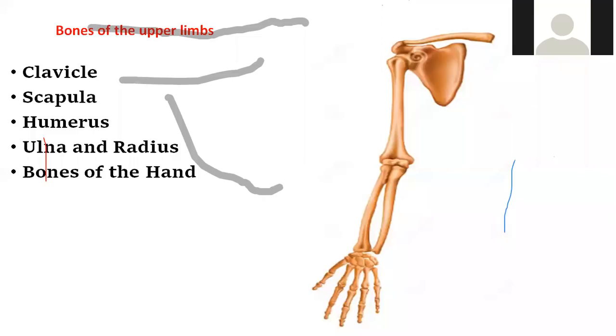And from that image, you can see the clavicle, the scapula, the humerus, the ulna and radius, and the bones that make up the hands. I will just briefly mention those. They are in your lecture, so read them.